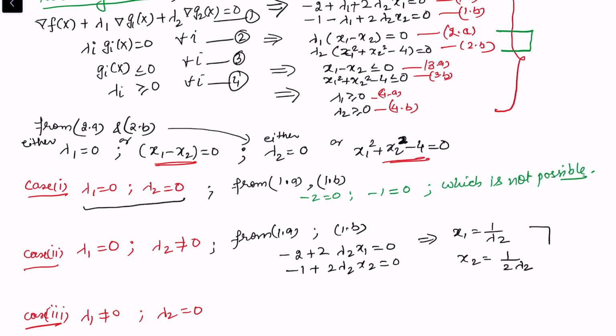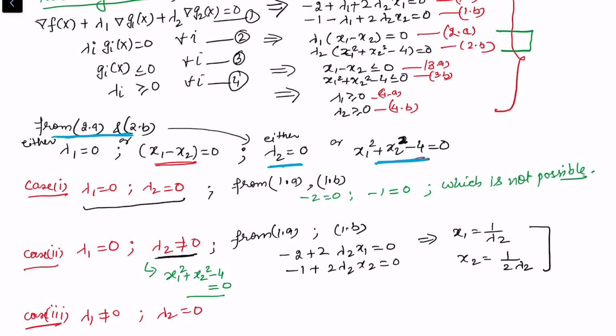Now we also notice that when lambda 2 is not equal to 0, look at our original conditions 2 point A and 2 point B, this has to be 0. So this condition also implies that x1 square plus x2 square minus 4 equal to 0.